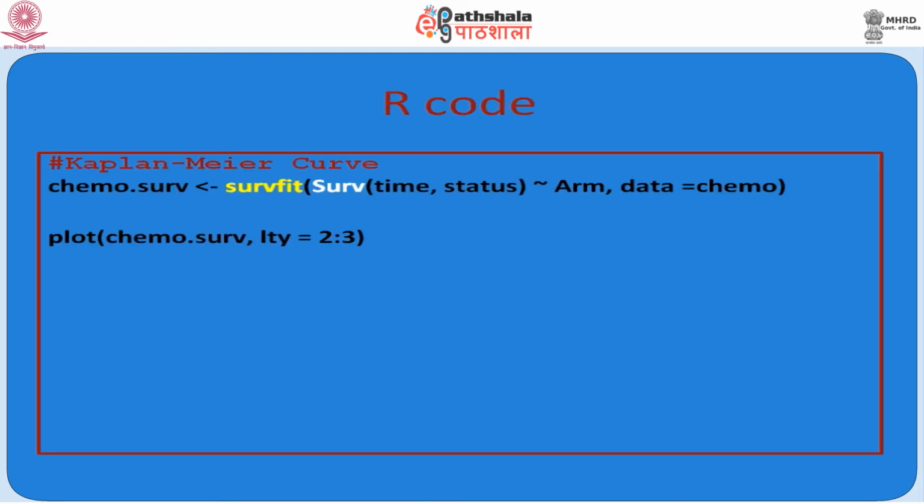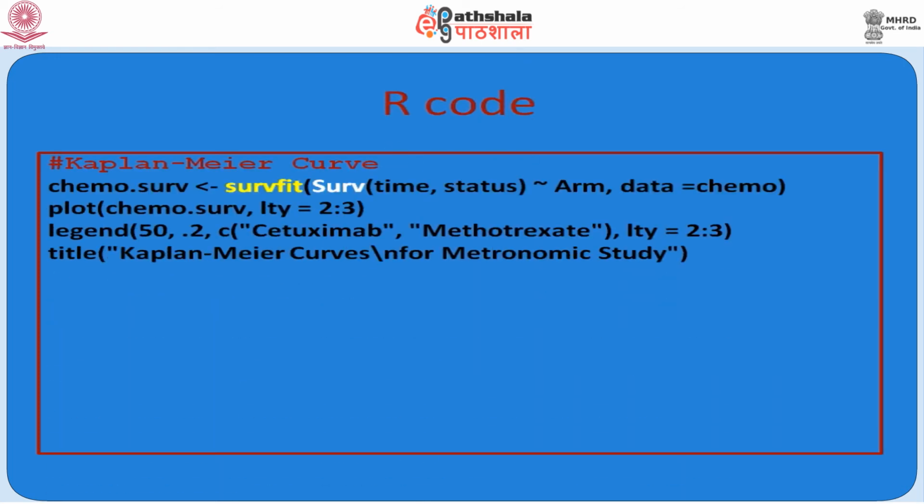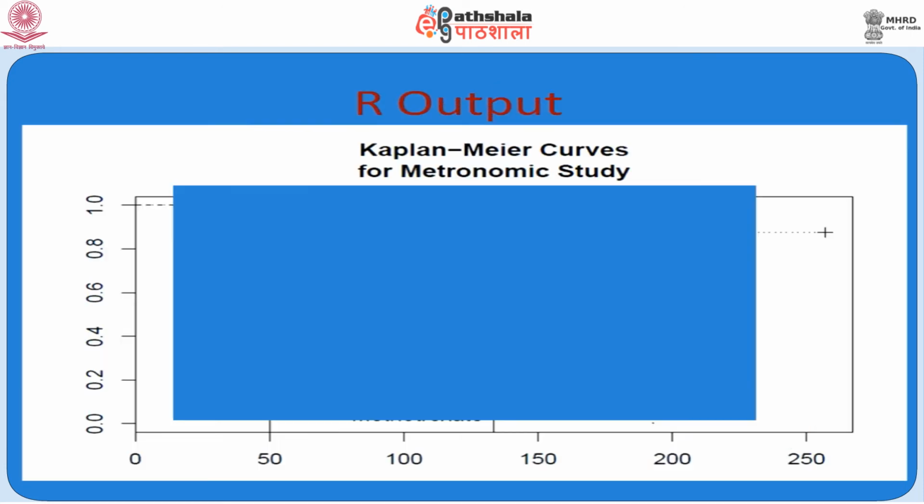Now the cross marks give the censored observations obtained in this data set.